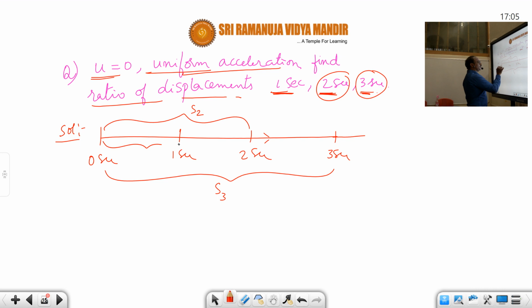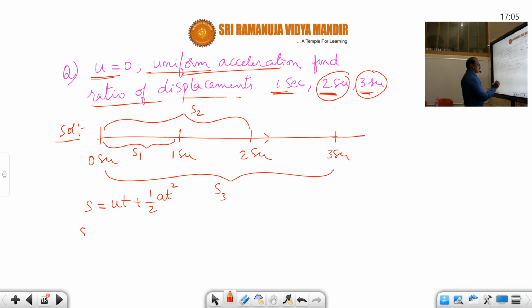But here a particular time is given: 3 seconds means 0 to 3 seconds, 2 seconds means 0 to 2 seconds, 1 second means 0 to 1 second. So for this problem we have to use the second equation, s equals ut plus half at square.